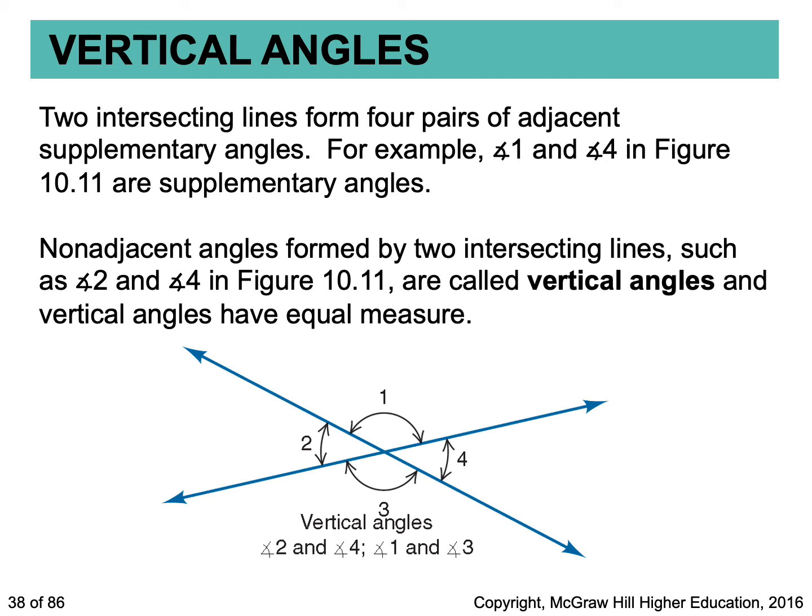So angles 1 and 3 are vertical angles, but also 2 and 4. So vertical angles does not mean that they are up and down from each other. They're just across from each other. So angles 1 and 3 are vertical angles, and angles 2 and 4 are vertical angles. Vertical angles have equal measure.